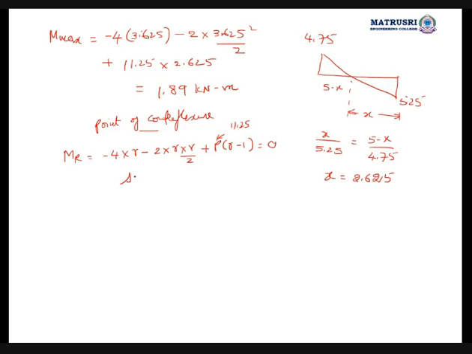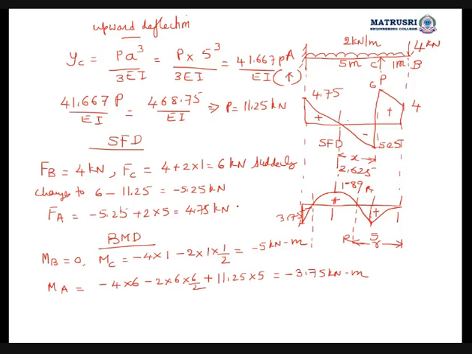Solve for R using your calculator and you will get the value of R. So R I got as 2.25 and 5 meters. So what is the meaning of that? From here to here 2.25, from here to here 5 meters. So that completes the total problem.